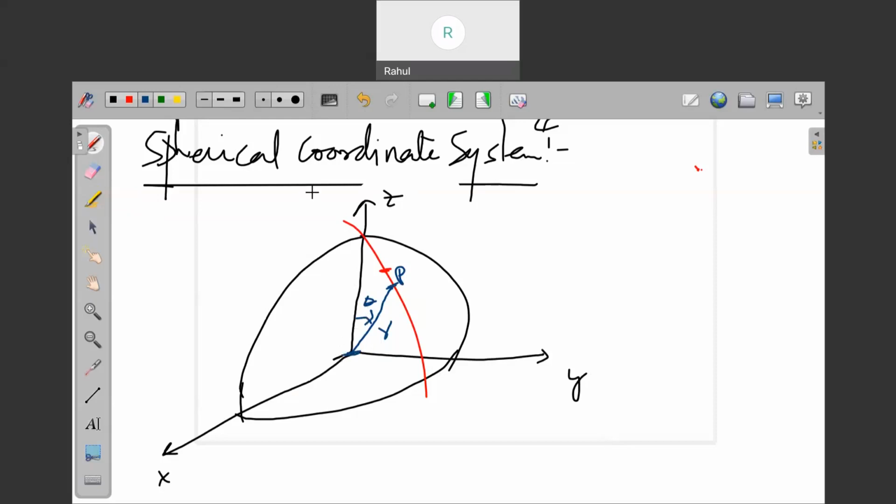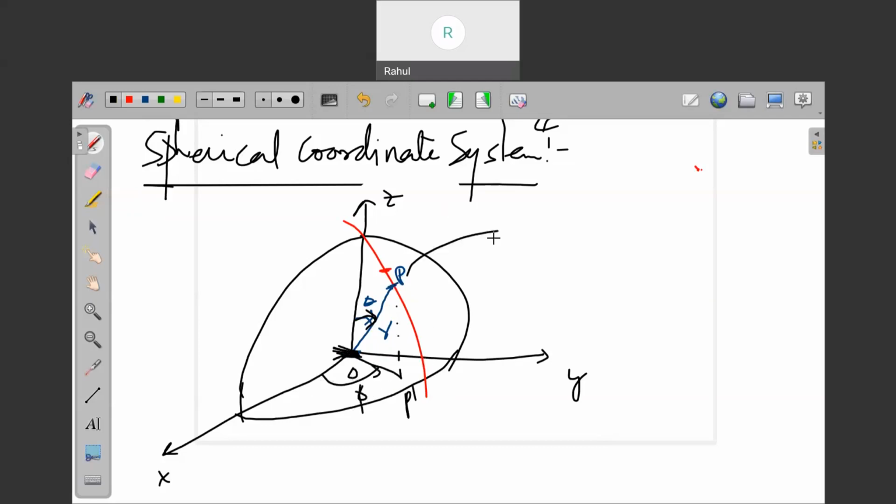You can locate the origin at any point, because this is the reference point. We don't know where the exact origin is in the sphere. Then take the projection, P dash here, join it, and the angle it makes from the x-axis is phi.